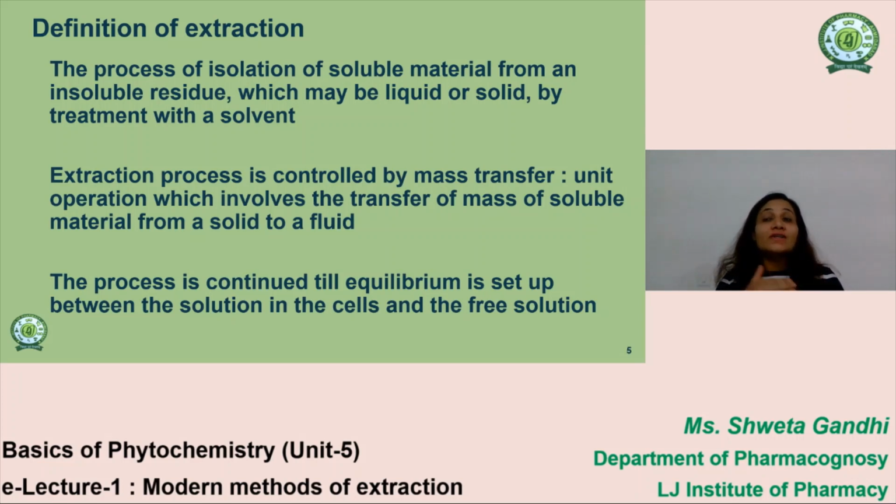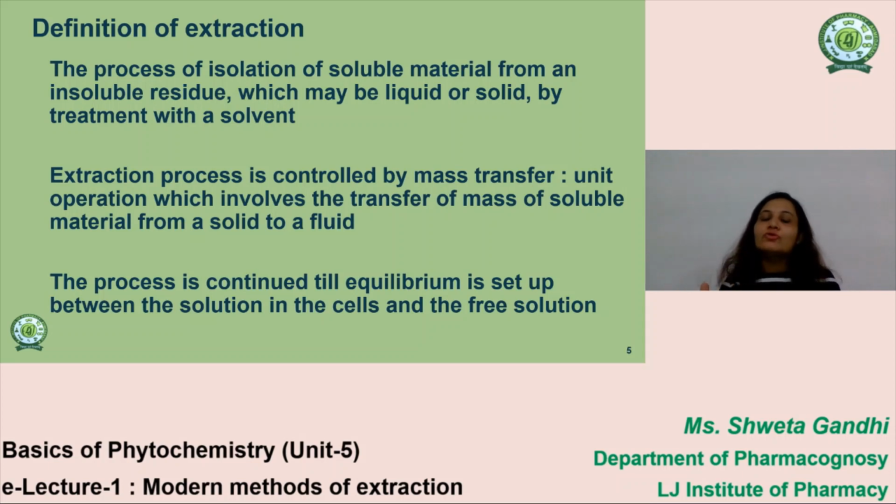Next, what is the principle behind extraction? In extraction, the main principle is mass transfer. Now you all are thinking, what is mass transfer? Mass transfer is the unit operation which involves the transfer of soluble material from a solid to a fluid.